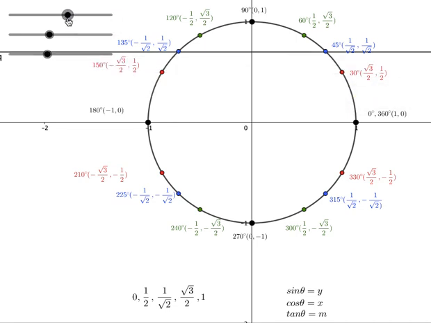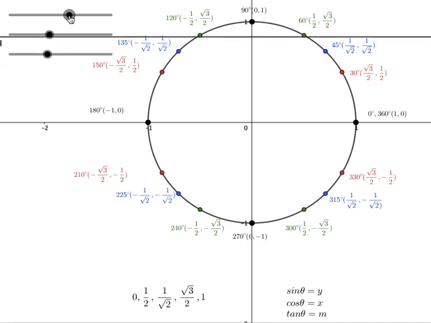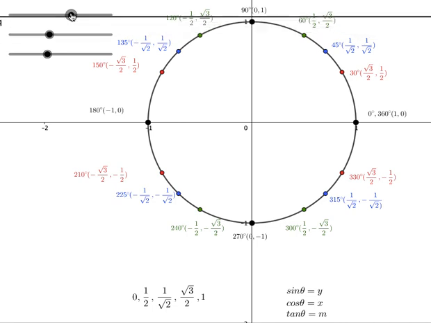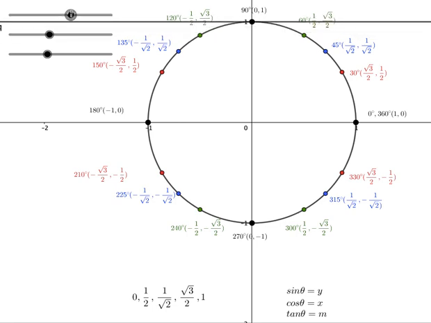If we continue moving this up, the next number is 1 over root 2. So the 45-degree family has a y value of 1 over root 2. And as we continue up, root 3 over 2, because they're very high up on the unit circle, not the highest, that would be 1, but the sine value here is root 3 over 2. Then as we go all the way up, here's where sine is equal to 1.